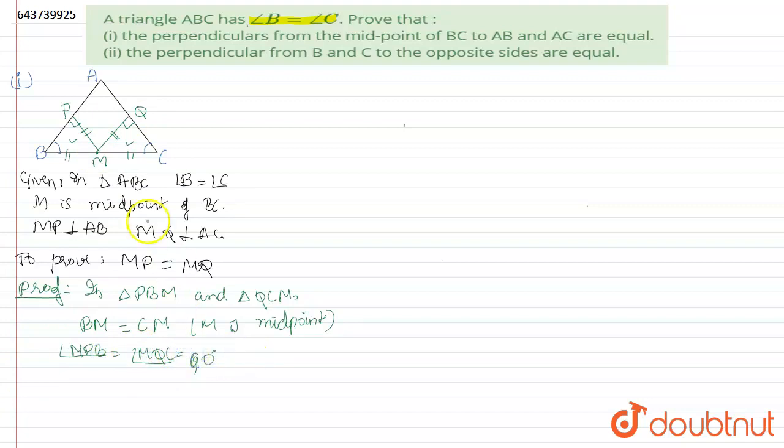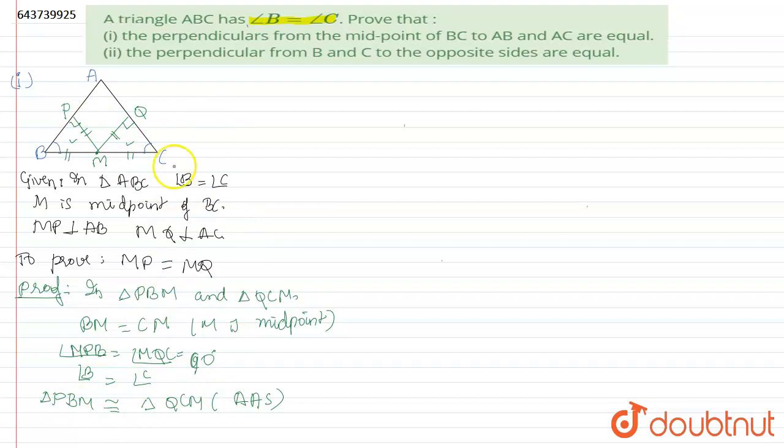It is given, these two are perpendicular lines. And also angle B is equal to angle C. It is also given. Therefore, using these two angles and one side, these two triangles, triangle PBM is congruent to triangle QCM, by the angle-side congruency rule.